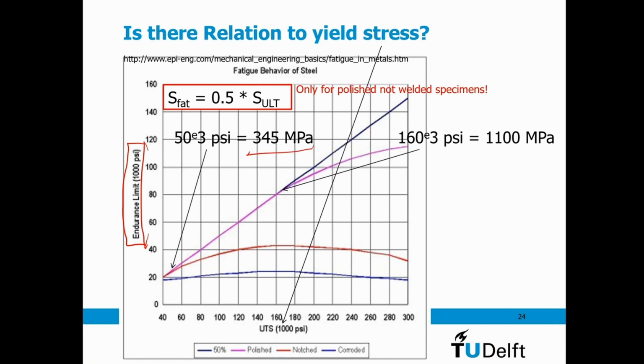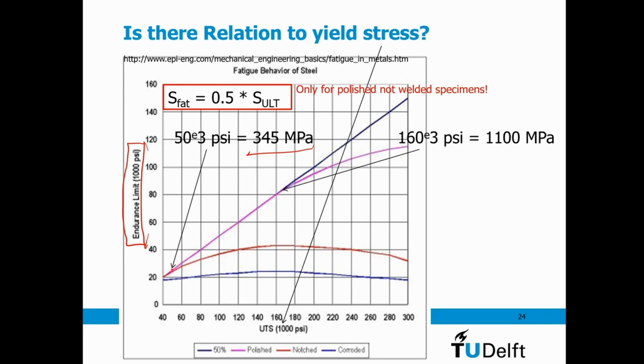So if I have a fully polished plate, then I can follow this rule so that the stress variation is more or less half the ultimate stress limit. So that is the number, that is the ultimate stress. So that is not yield, but the ultimate stress limit at break.